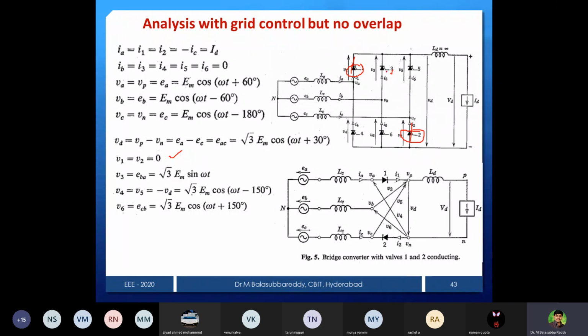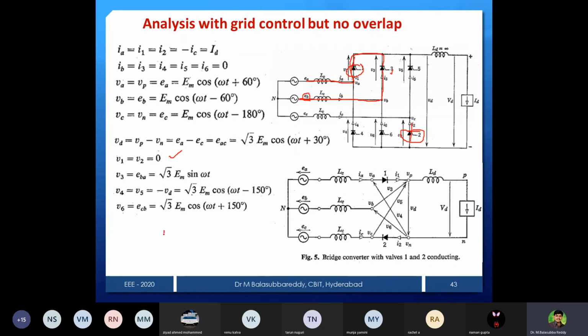Now we can see for the third valve, where is the anode connected? Anode is connected to VB, it is also the same as EB. So therefore EB, and anode is connected to EB, and what about the cathode? The cathode is connected through valve 1 to VA, that is nothing but EA.